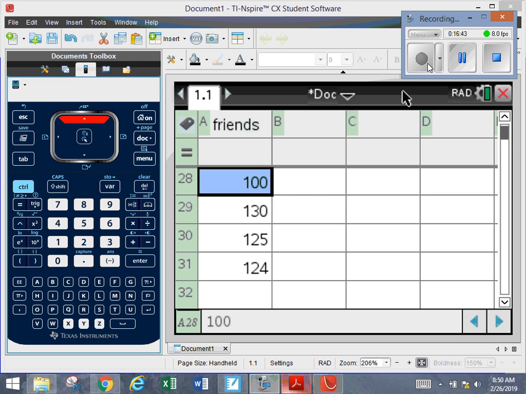All right, so I've entered all the data into my list and spreadsheet.